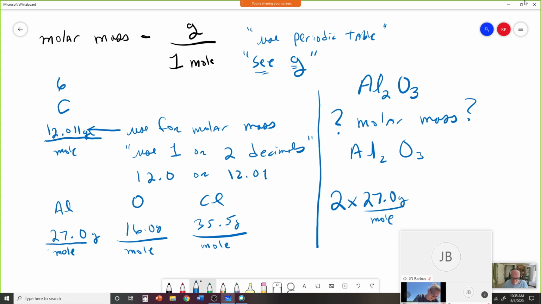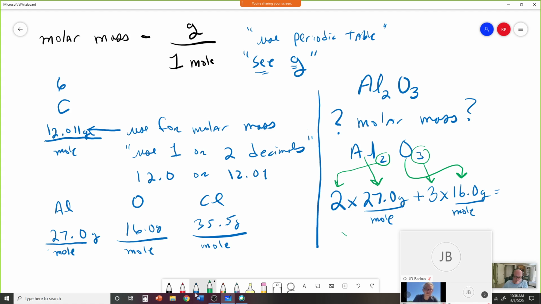That is the 2 aluminums, from our periodic table. Then plus 3 times 16.0 grams per mole, and that's the 3 oxygens, and the oxygen itself is 16.0 grams per mole.